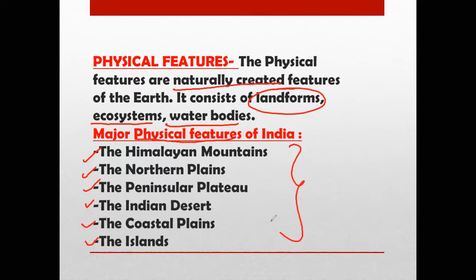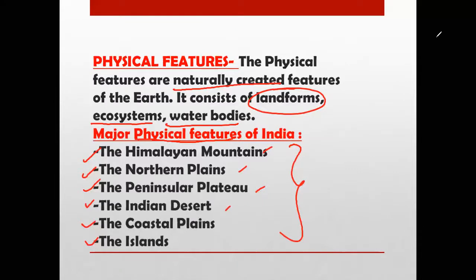No other country possesses all the physical divisions. We can find all the physical features such as mountains, plains, plateau, deserts, coastal plains, as well as islands in India. And that's what makes India a distinctive country.